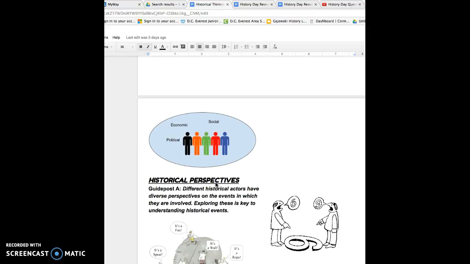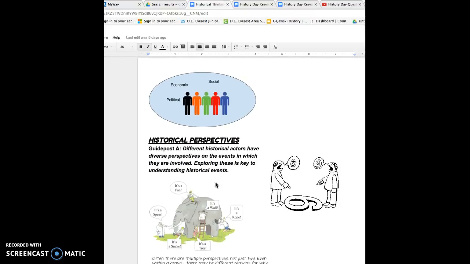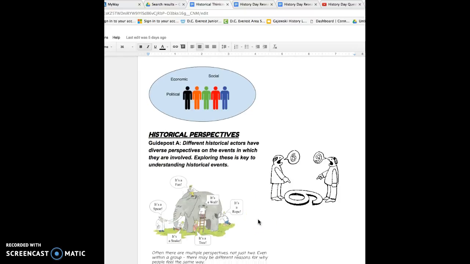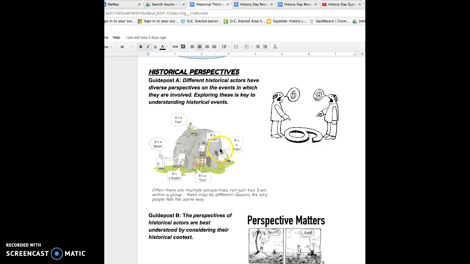All right, and then historical perspectives. So this is differing perspectives. Different historical actors have diverse perspectives, and understanding these is really important. Depends on how we see things. What are the different perspectives on an event you're studying? Often there are multiple perspectives, not just two, but sometimes people see things in a very different way.